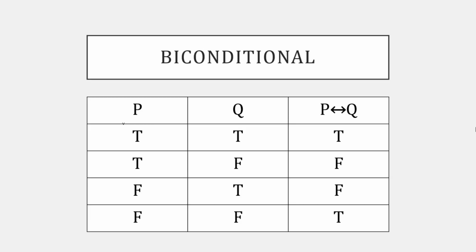And the biconditional is like if P then Q and if Q then P. The biconditional is true only in case P and Q have the same truth value. So if P is true and Q is true, it's true. If P is false and Q is false, it's false. Or sorry, it's true. And in any other case, it's false. OK, this is just by way of showing you the very basics, the truth tables for these connectives. OK.